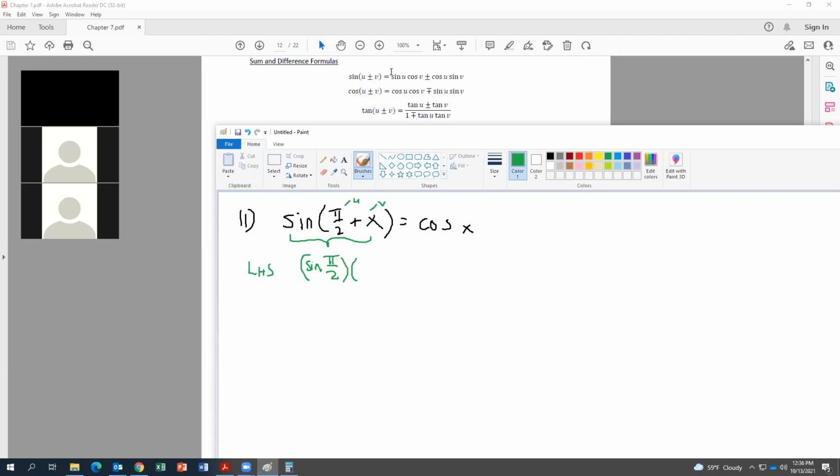And then it's sine u cosine v, and then plus, look at the sign, the plus is on top. So plus cosine pi over 2, and then sine x. Yep.